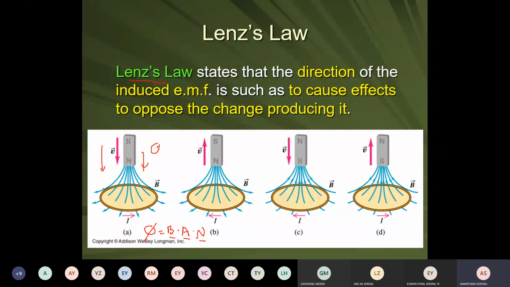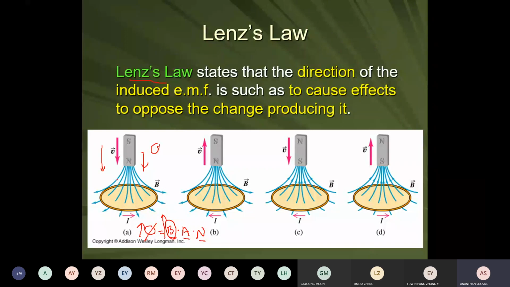What is changing when the magnet is moving closer? The B is increasing. The magnetic field strength is increasing because the North Pole is getting closer. When the magnetic field strength increases, what happens to the flux on the coil? It rises.